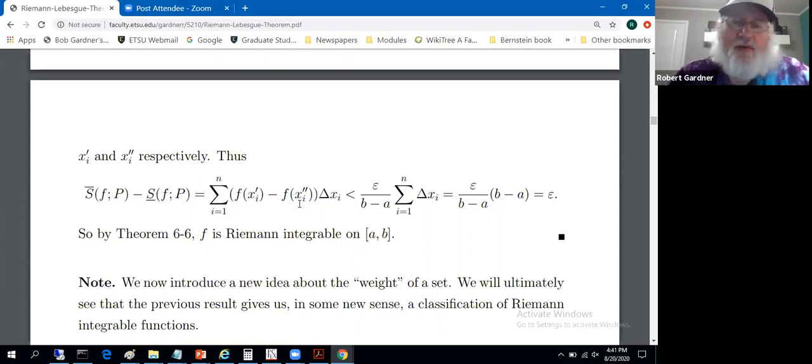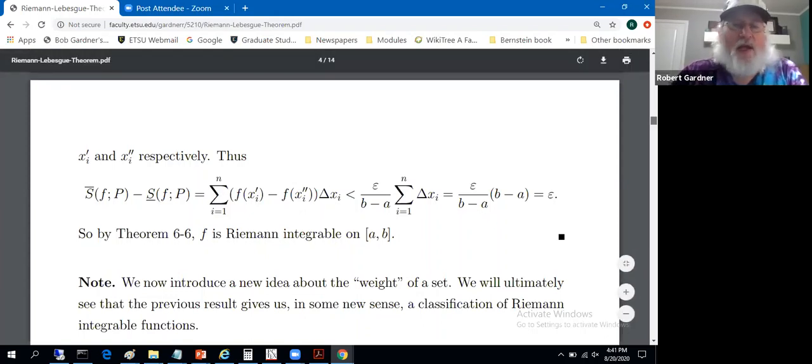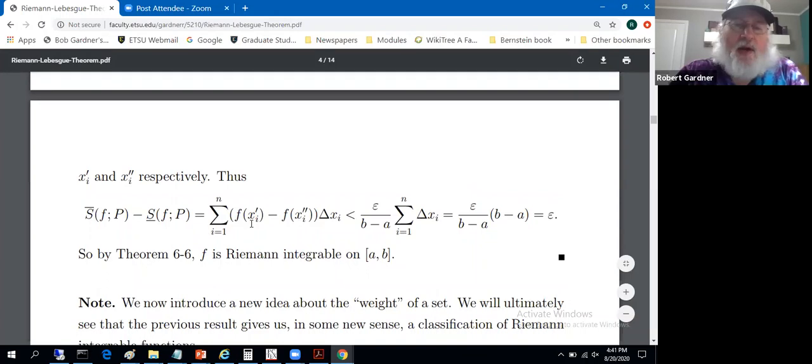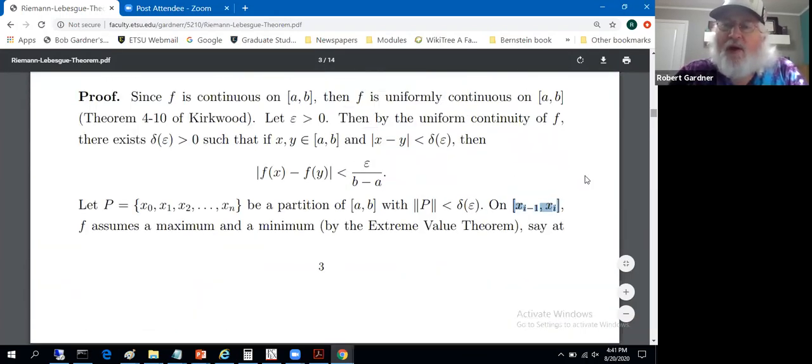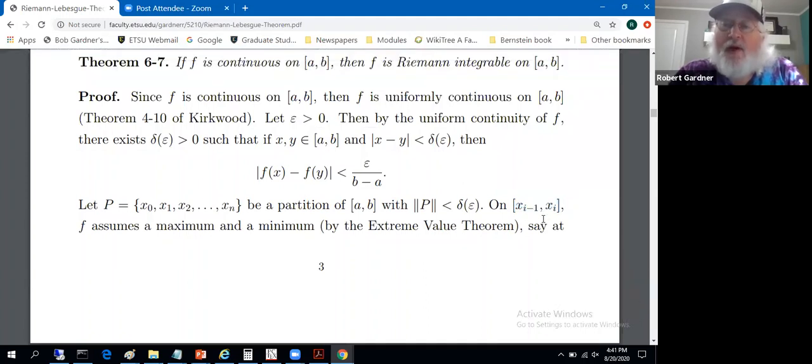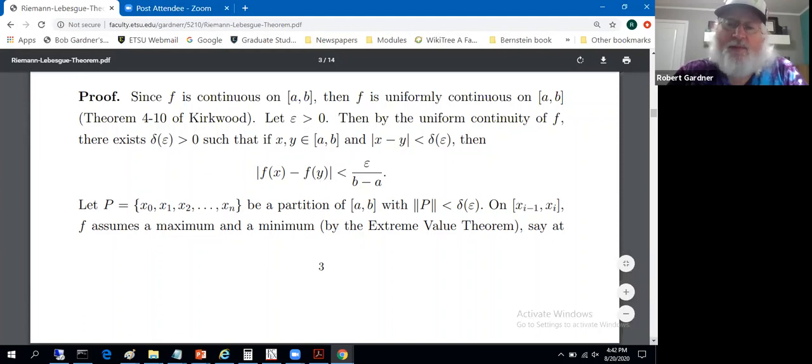How close together are the function values? Oh, I know that because I know how close together the inputs are. How close together are x sub i prime and x sub i double prime? Well, they both came from this subinterval, so they're within delta of each other, as discussed earlier. And when I have x sub i prime and x sub i double prime within delta of each other in absolute value, we get their corresponding function values that small, epsilon over b minus a. So back down.